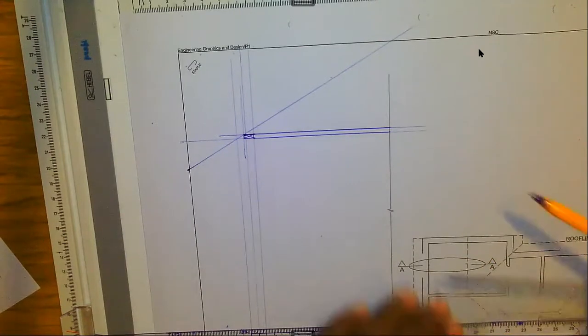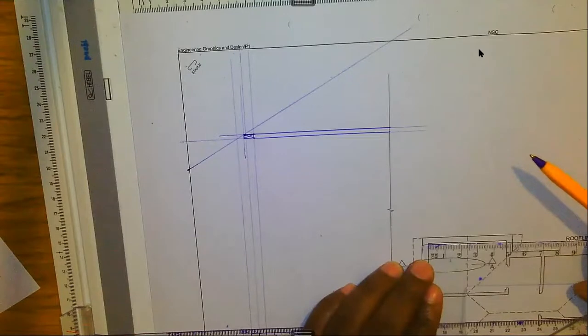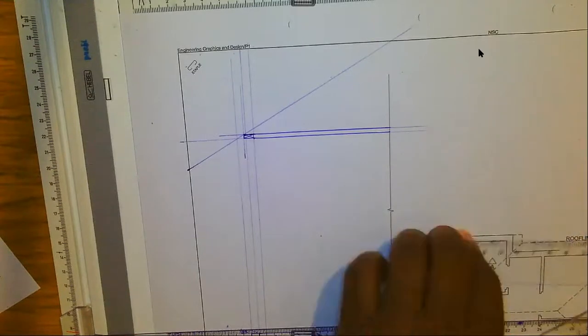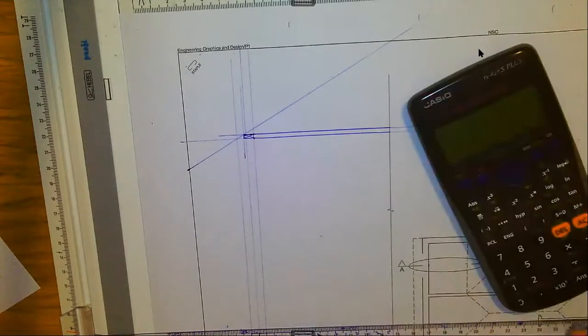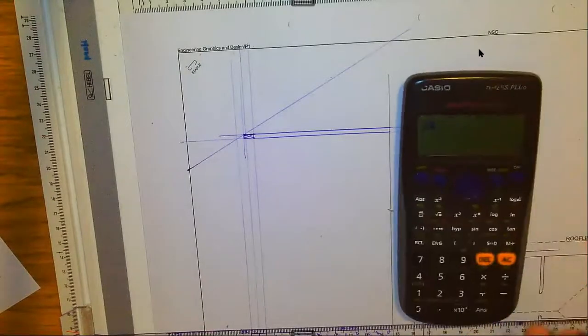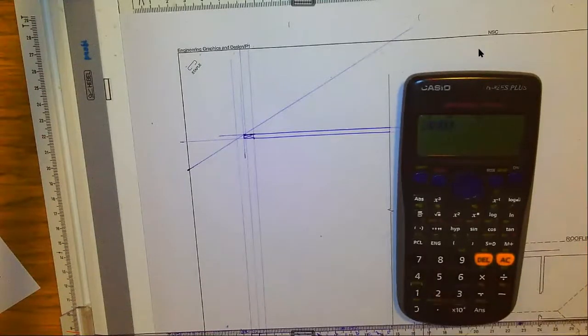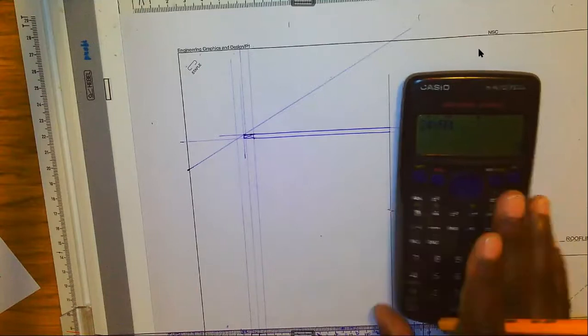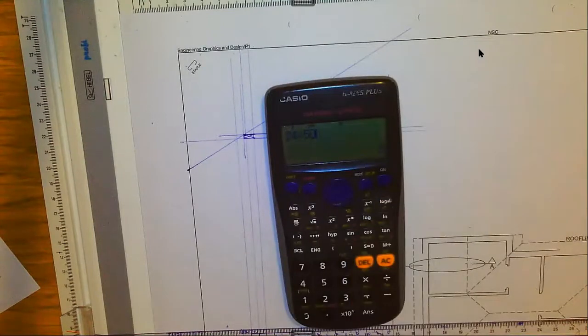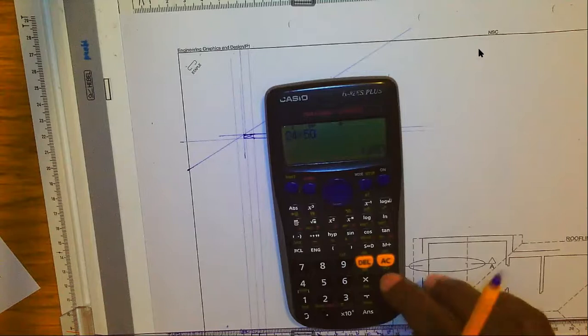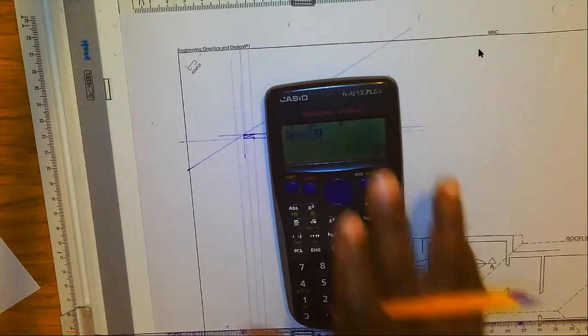Let me just check. I'm getting 24. If I multiply 24 by 50, because the plan is drawn to scale 1:50, divided now by 20, we are going to get 60.